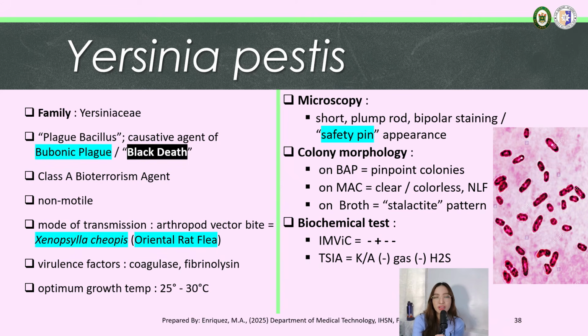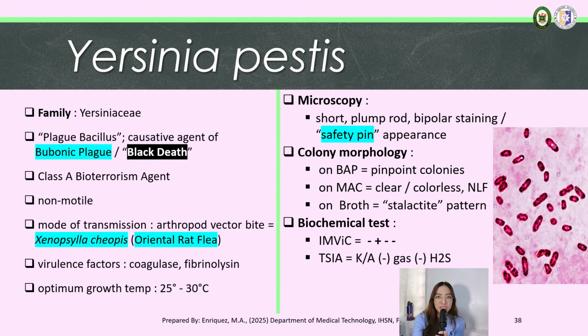So this is because they have inclusion bodies. Okay? And yung inclusion bodies po na yun, mas nagko-concentrate or mas naiipon doon yung gram stain, giving it a darker appearance. And again, this dark appearance of the poles of the bacteria has been described to be safety pin in appearance. All right, so that's for Yersinia pestis.